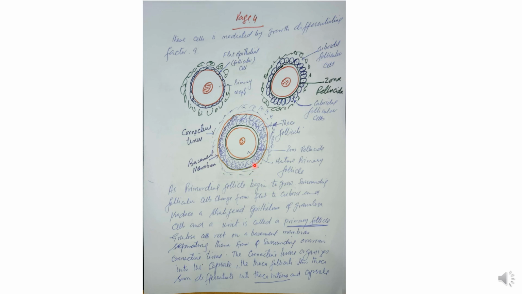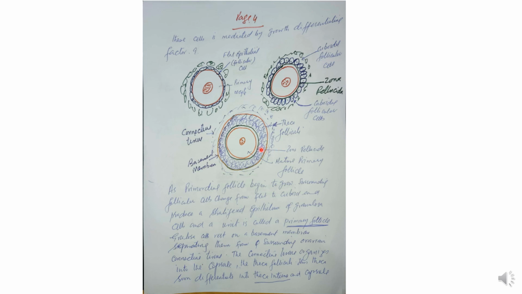At the same time, the follicular cells and the cell membrane of the oocyte both secrete a secretion. The cell membrane of the oocyte and the granulosa cells both secrete a secretion which is collected around the oocyte. Its name is zona pellucida.